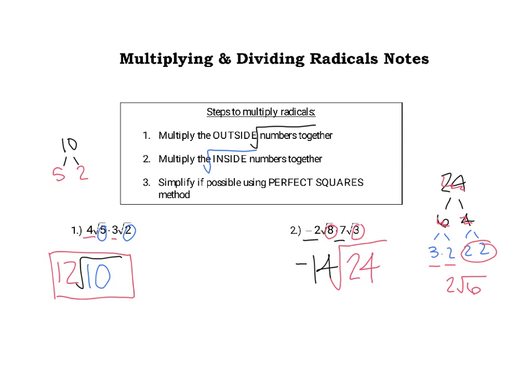So really, we have negative 14 times 2 square root of 6. Well, we need to multiply these coefficients basically. Negative 14 times 2 is negative 28. Square root of 6 would be the final answer for that problem.